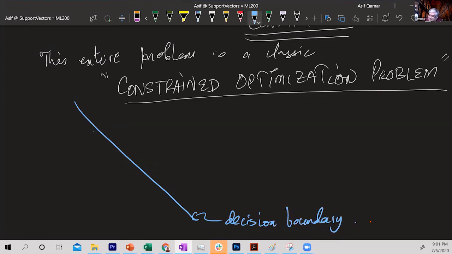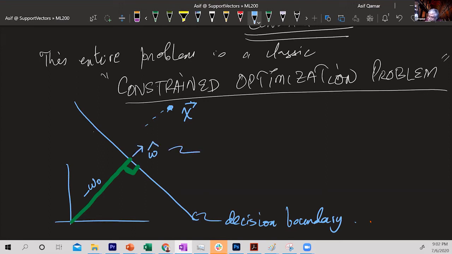We are saying that a given point X, and let's say that this is the origin, and from the origin the shortest path to the boundary is, of course, at 90 degrees. And this is minus W naught, and the unit vector here is W hat, unit vector.